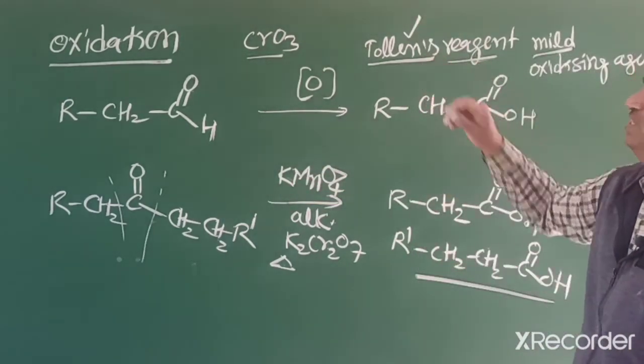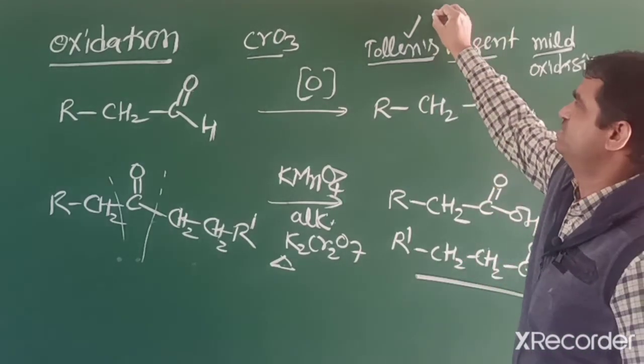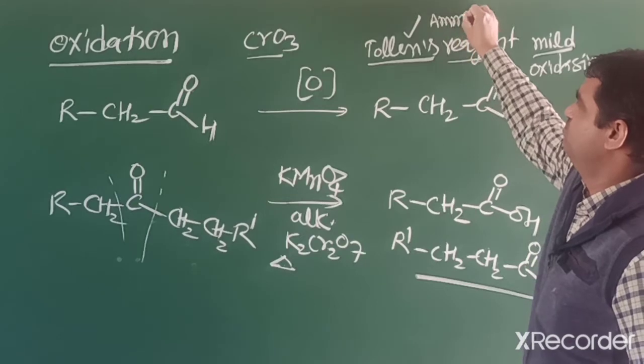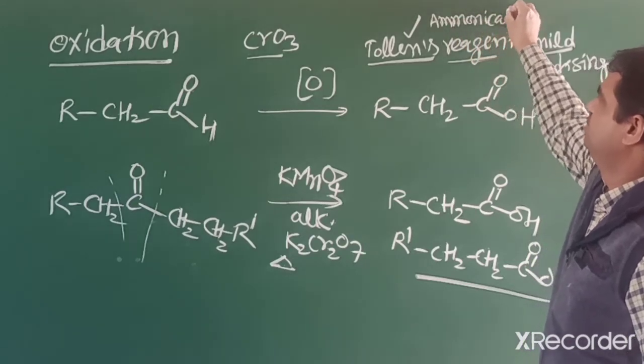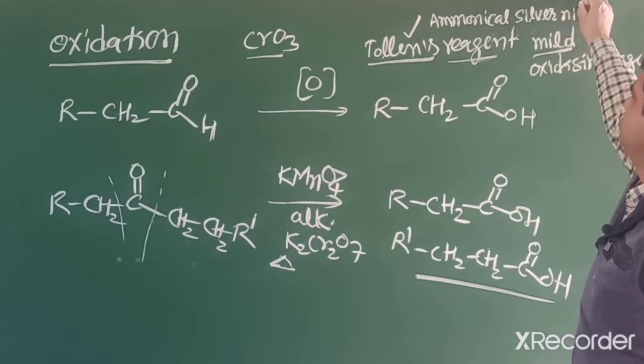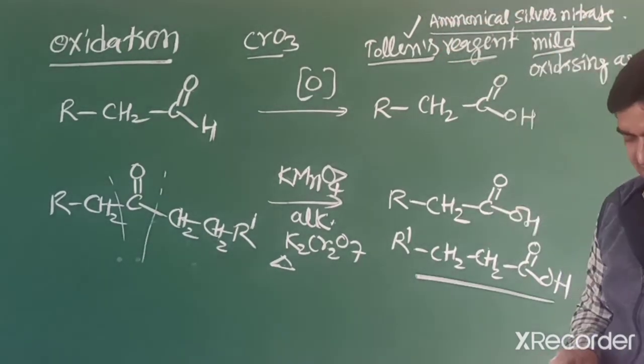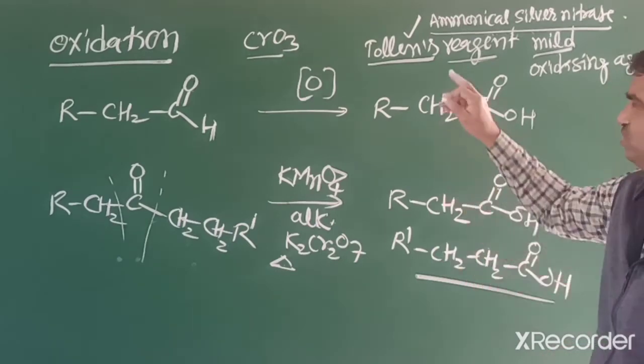So what is Tollens reagent? Tollens reagent is ammoniacal silver nitrate, and this is a coordination compound.